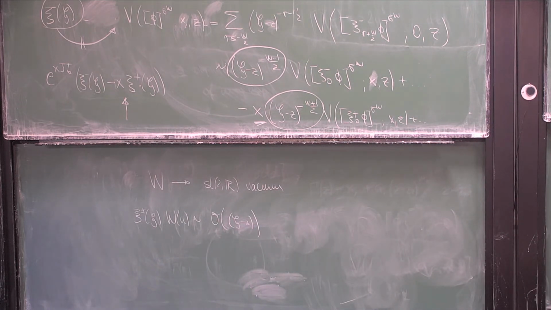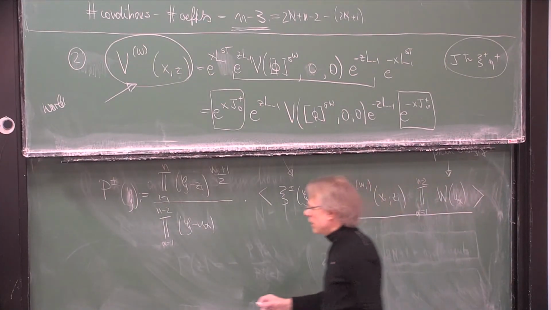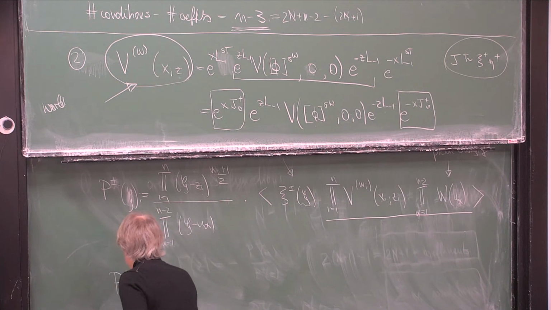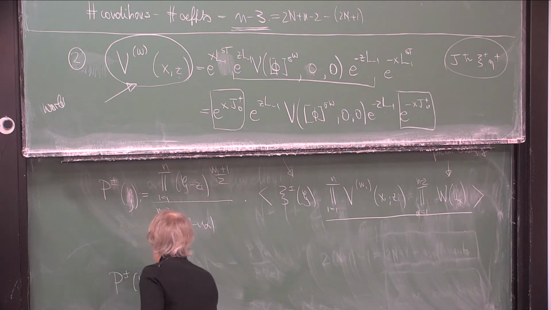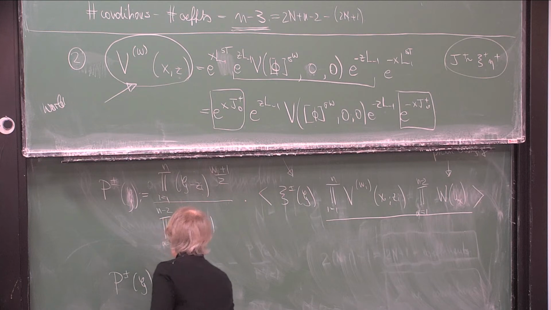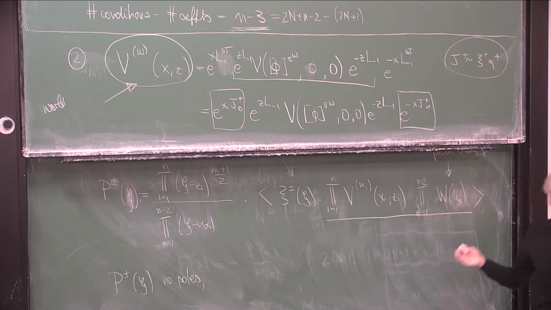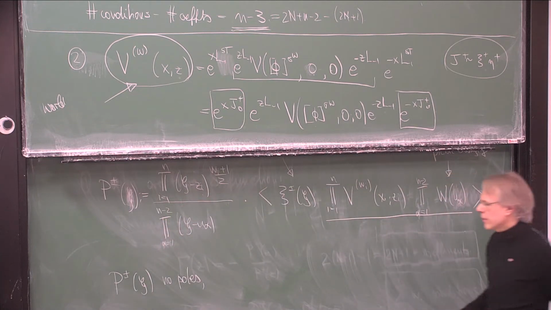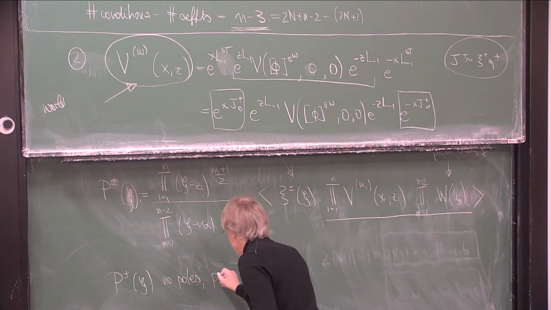So this term guarantees that this function doesn't have any pole. So the P plus minus have no poles, and they are therefore polynomials in zeta.